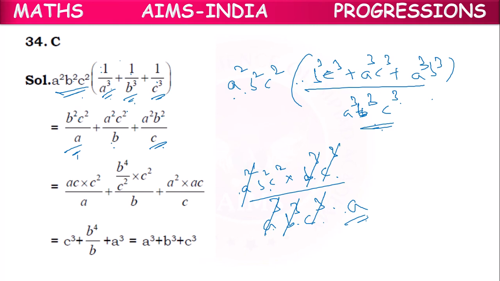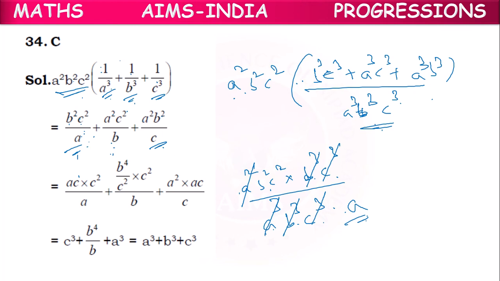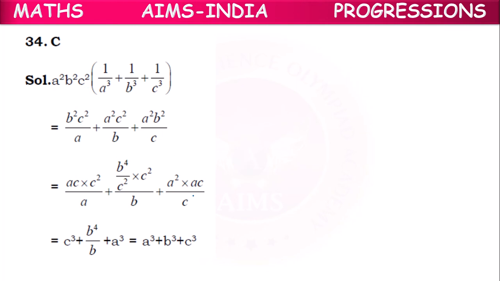So again here children, as A, B, C are in GP, we know that B square equal to AC. We know the relation that B square equal to AC. In the place of B square, we will substitute AC here.